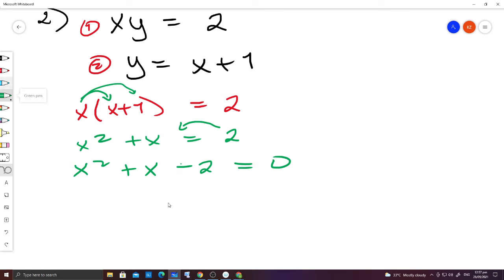Can you still remember how to factor it? Let's try. Factor x squared plus x minus 2.